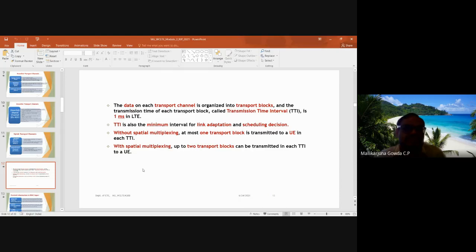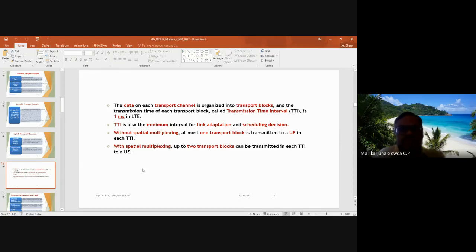I repeat once again, without spatial multiplexing, at most only one transport block is transmitted to the user equipment in each transmission time interval. With spatial multiplexing, it is possible to transport two transport blocks in each TTI to the user equipment. Okay, so that is what the difference is.